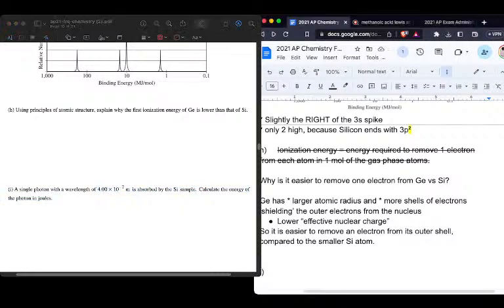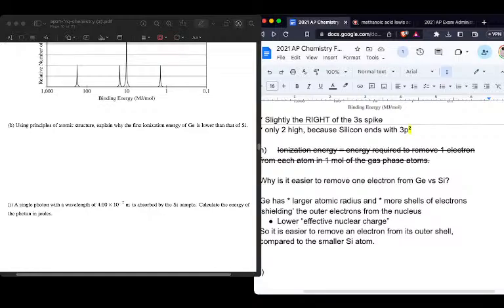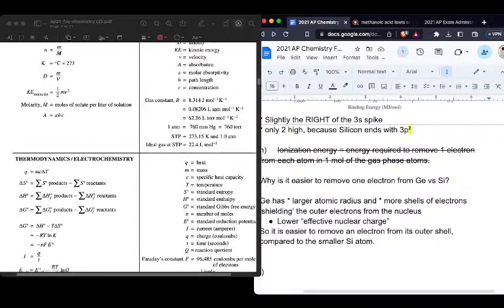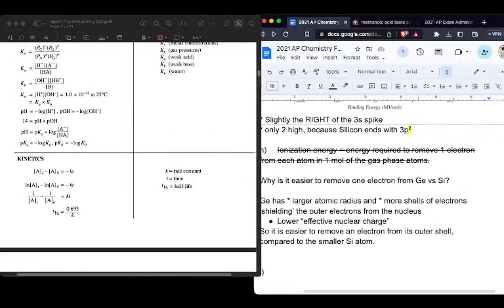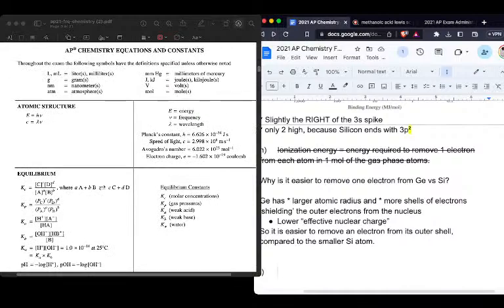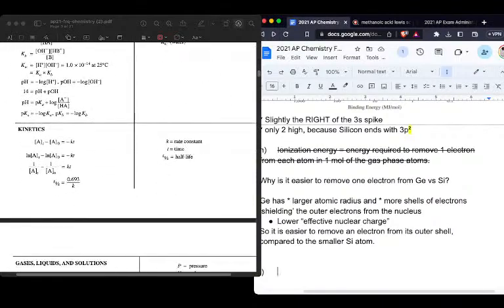A single photon with this wavelength is absorbed by Si. Calculate the energy of the photon. Well, if you're given a wavelength, there's just straight up an equation for that. I'll go find it for you here. Where's the energy stuff? Here it is. E, nu, and lambda. Do they give you the actual equation, though?